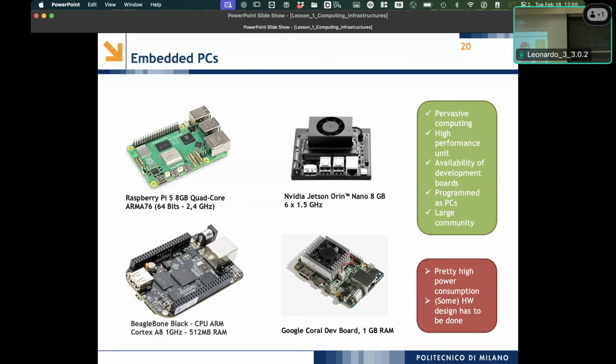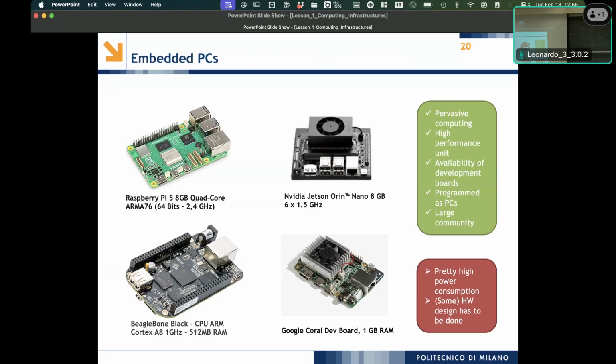Okay. Which are the issues? We still have a high power consumption. We can sometimes run on battery, but we have some limitations. And moreover, we usually have to perform some hardware design for the sensors and actuators, right?